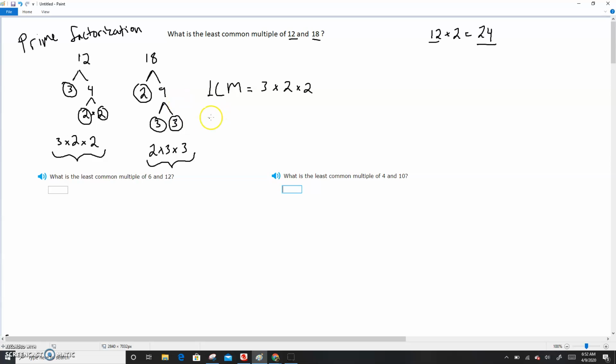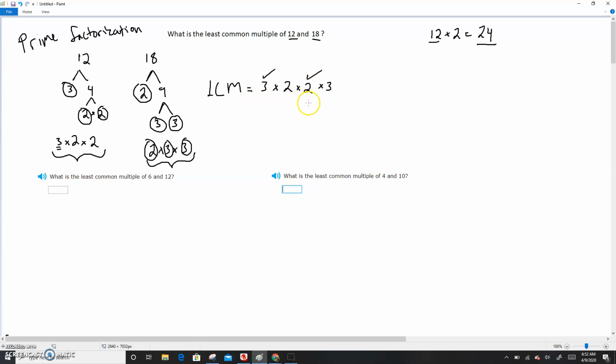We also need to make sure we have enough ingredients to make 18 if we wanted to. 18 needs 1 2, which we've got, check, and 2 3s. Well, we have 1 3 already, that's taken care of from over here, but we're missing a 3, so we're just going to add in 1 more 3.